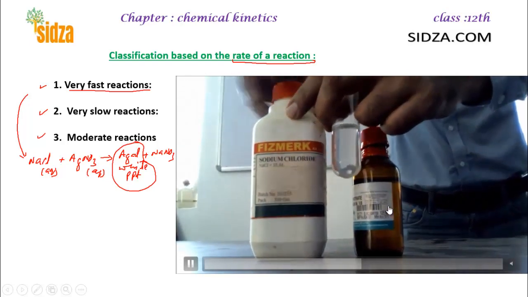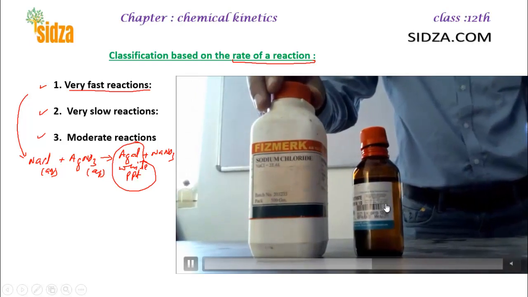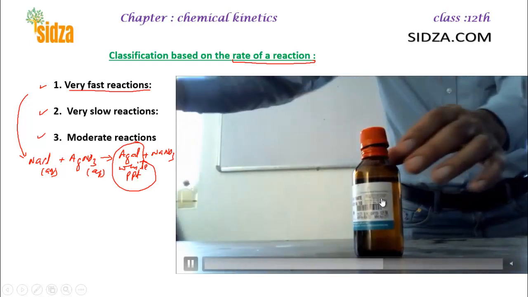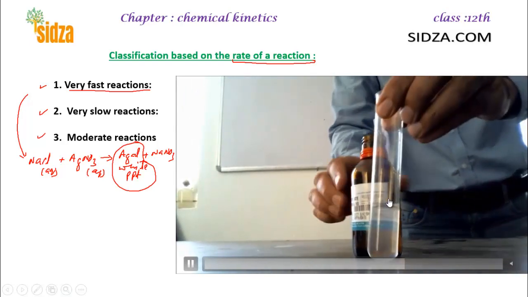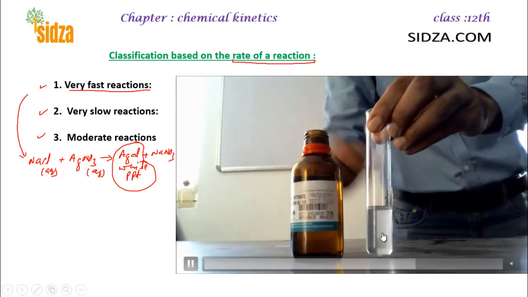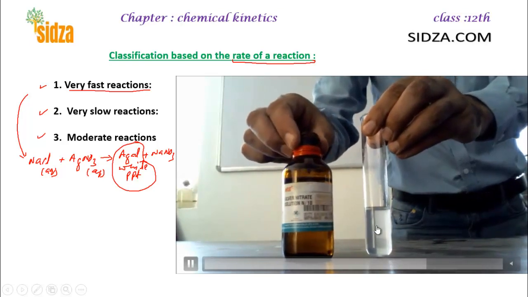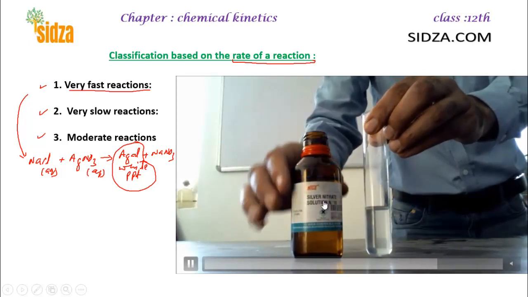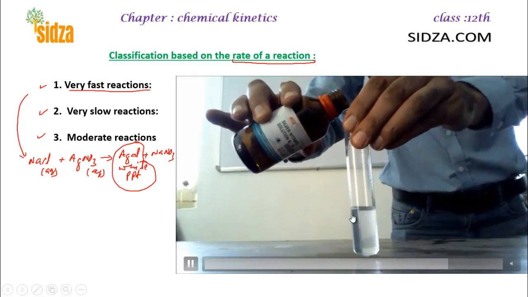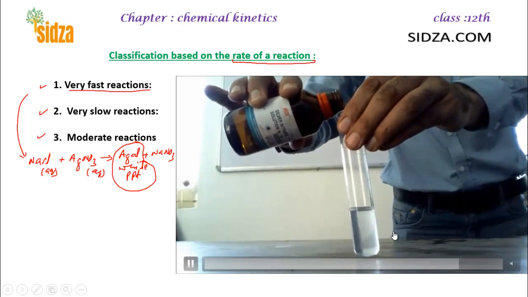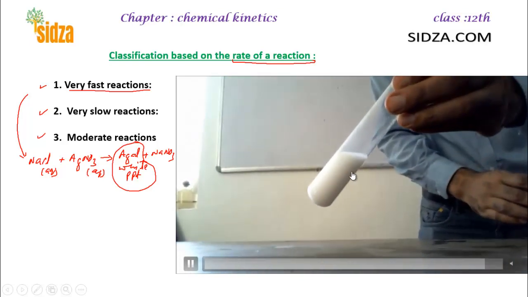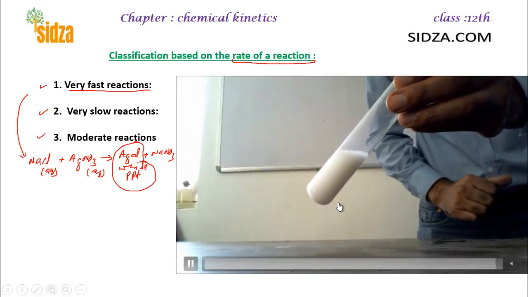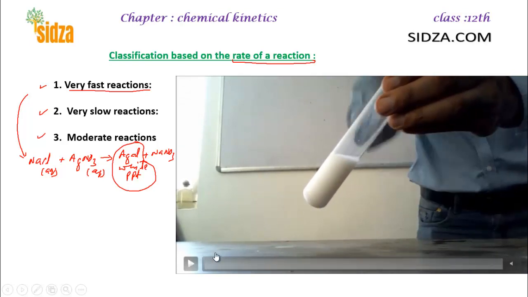You will see, as soon as I add silver nitrate solution to NaCl, a white precipitate is very quickly formed in this reaction mixture. As soon as it touches it, you can see, you get the white precipitate, right? So this is a very fast reaction.